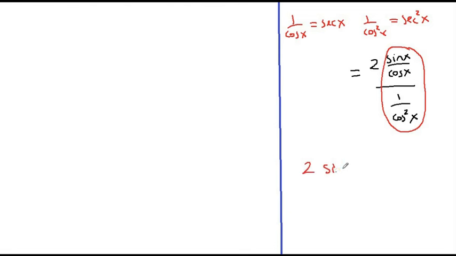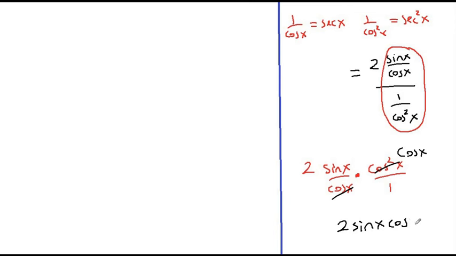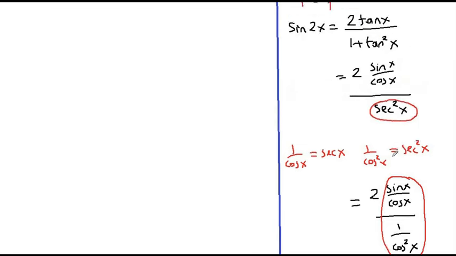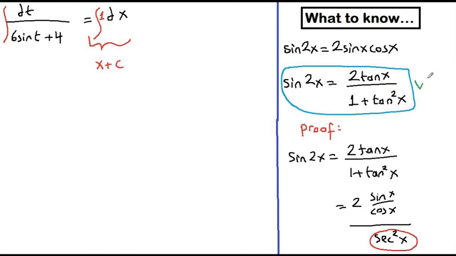So we have 2 sine x over cosine x; keep change flip: keep the first fraction, change to multiplication, flip the second fraction. 1 factor of cosine cancels cosine x. So we ended up with 2 sine x cosine x, which was equal to the left hand side, sine of 2x, which is our double angle identity. So that proves that we can also use this form of sine of 2x.